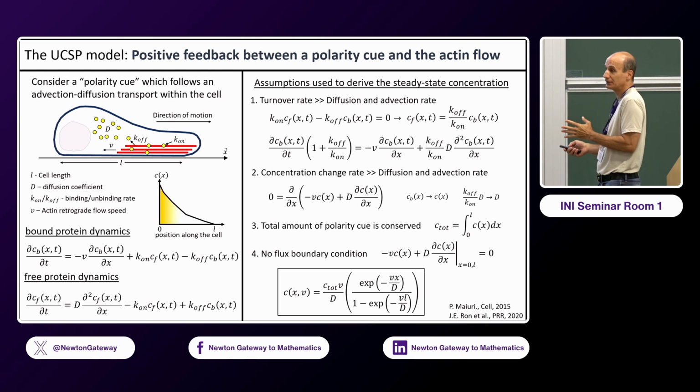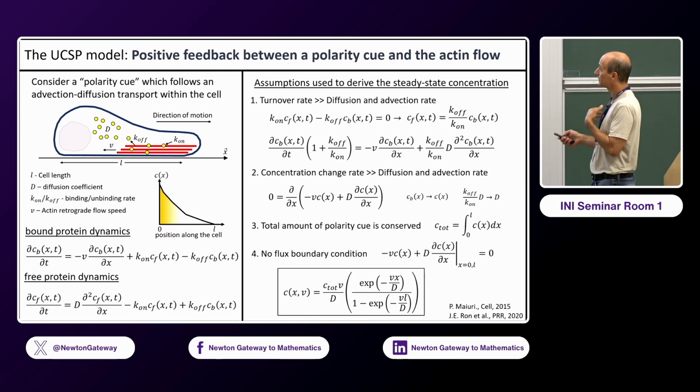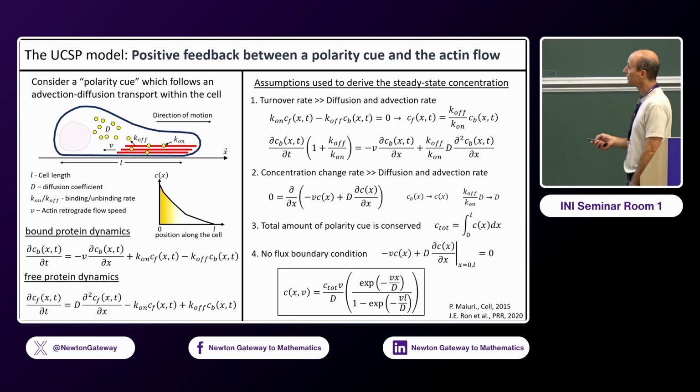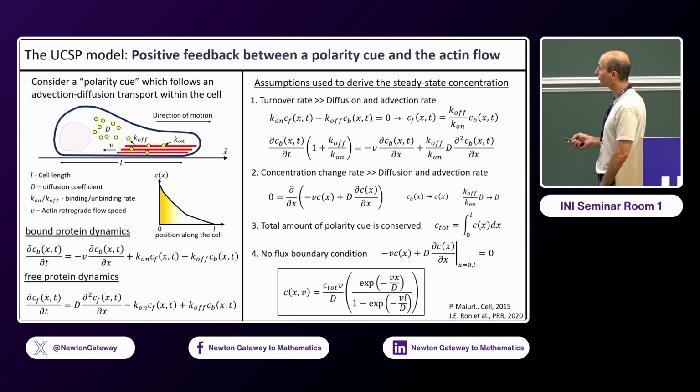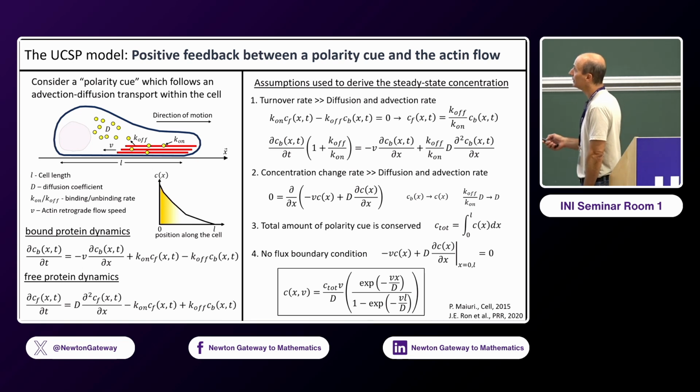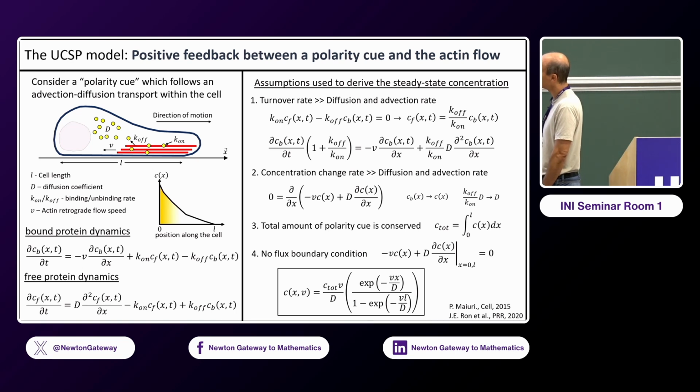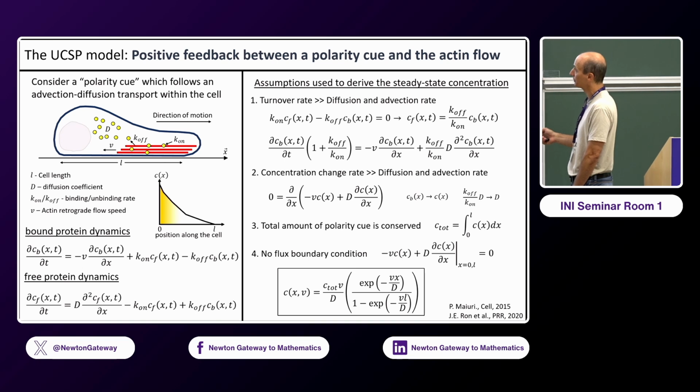If you assume that this system can reach steady state, then you can actually solve for the profile of these molecules, and the profile is a simple exponential such that they accumulate in the back and they are depleted from the front.